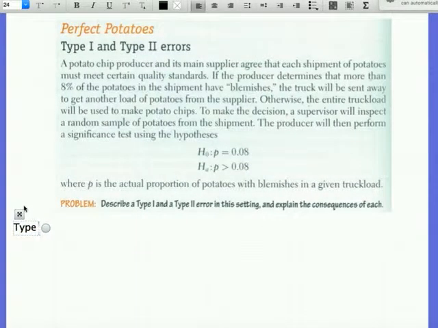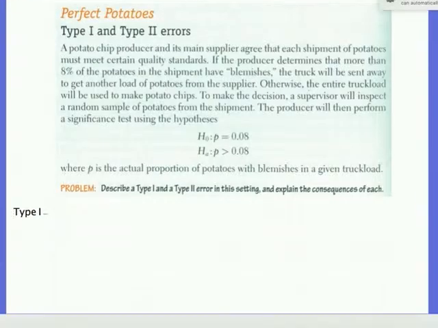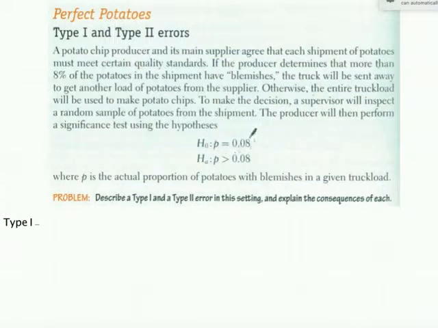A type 1 error means that we reject the null hypothesis when the null hypothesis is true. So basically we say that we do not think that the proportion of potatoes with blemishes in a truckload is 0.08, even though that's true.